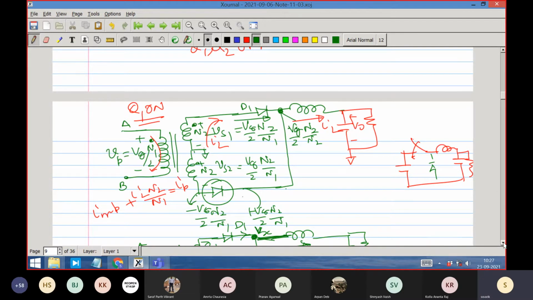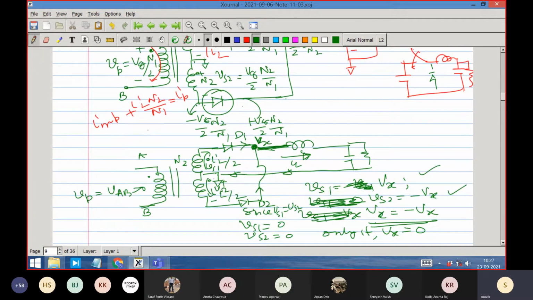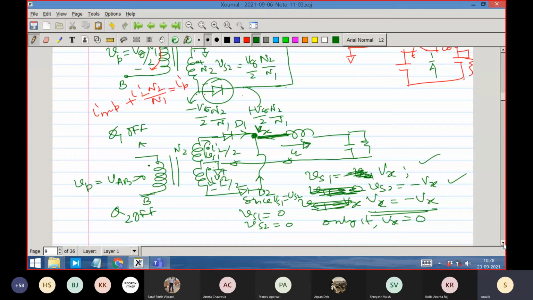And since it's a coupled circuit, and the primary side is not dictating any voltage, because Q1 and Q2 both are off, the primary side voltage has no way of dictating. So therefore, this voltage is 0. Okay, that is fine.